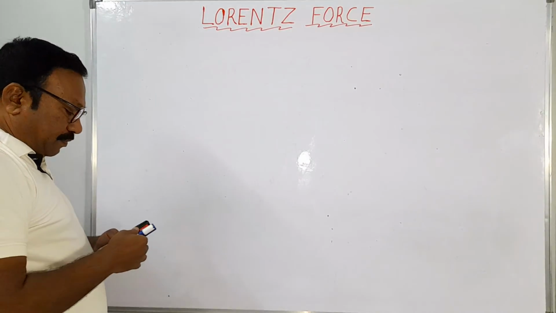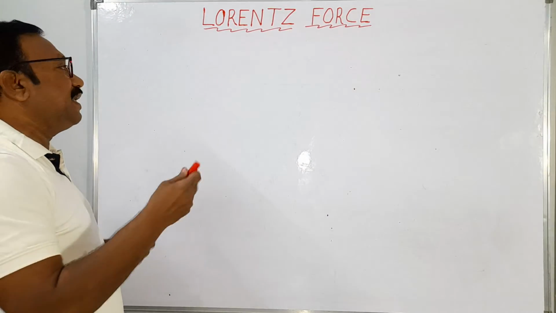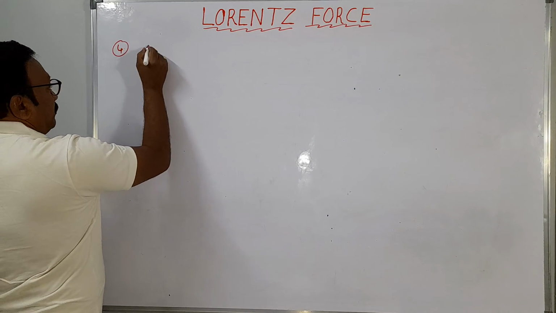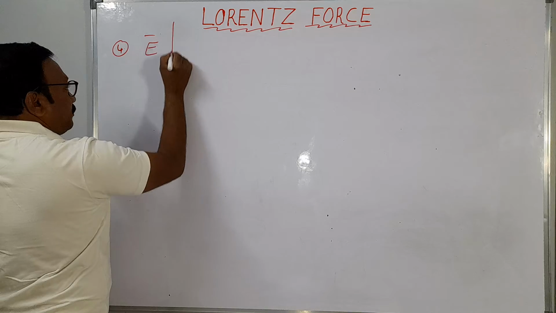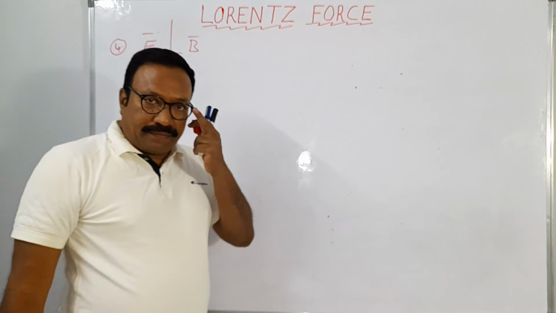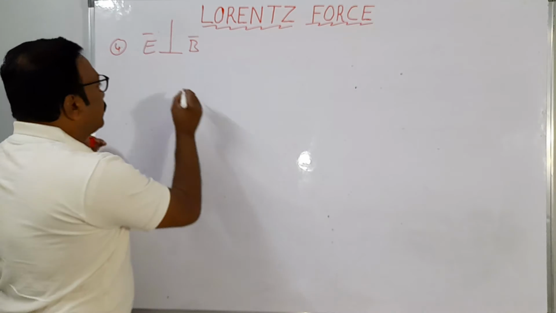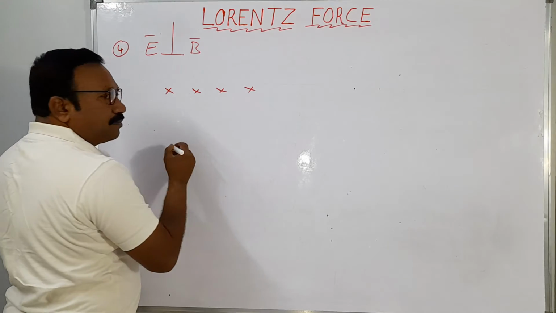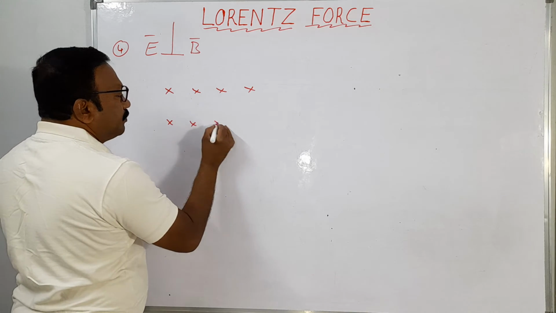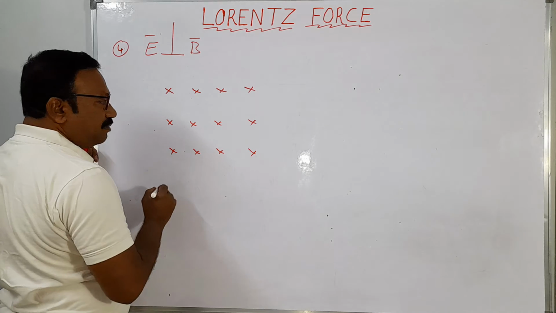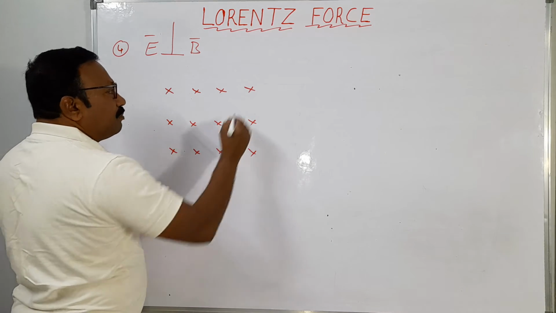Okay. I will take now the magnetic field, with the electric field perpendicular to the magnetic field. So the magnetic field I will take into the board. This is the magnetic field into the board, B bar.